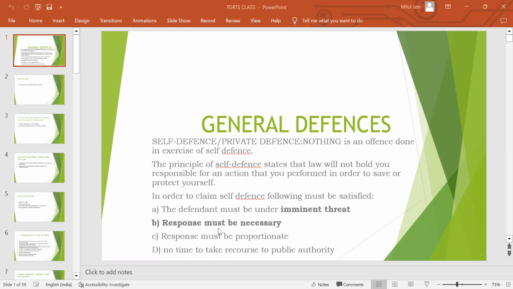Komal, my question is, what do you understand by volenti non fit injuria? How do you explain it? Explain the general defense of volenti non fit injuria. Now you heard me, Shikha?